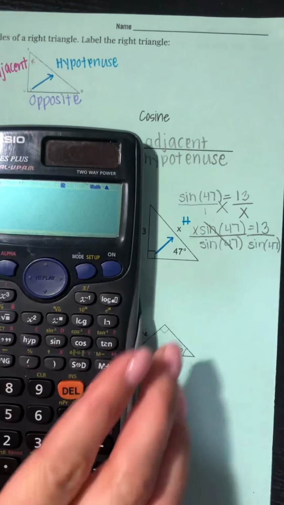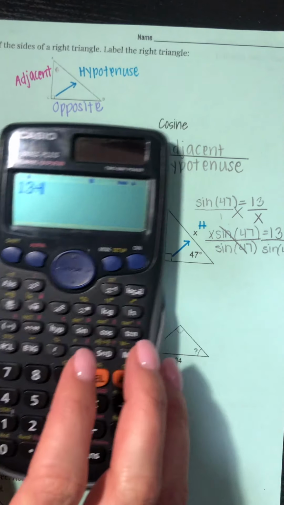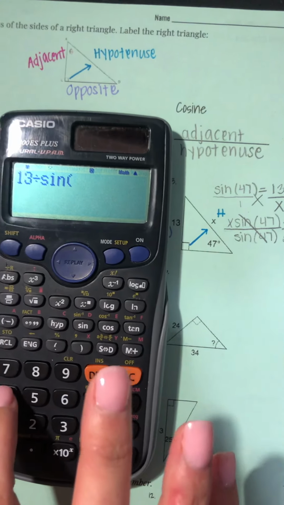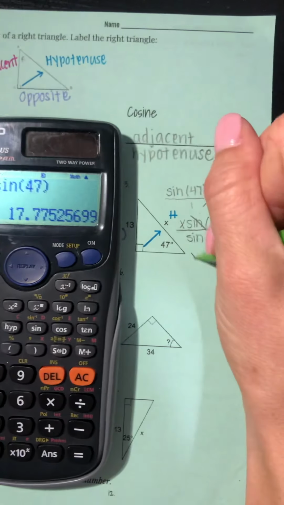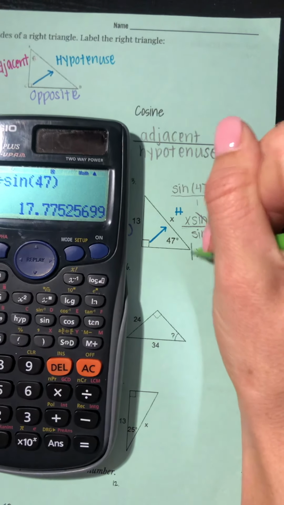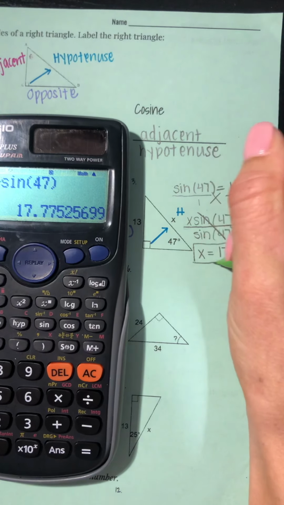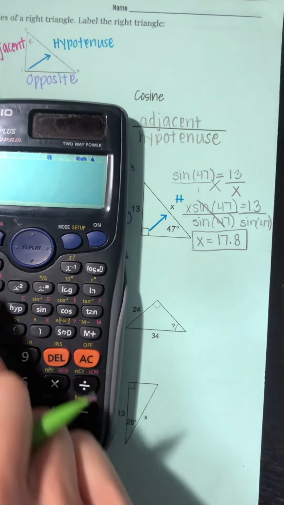And so now you can type in your calculator 13 divided by sine of 47. So x would equal about 17.8. So that's how you use sine to find a side measurement.